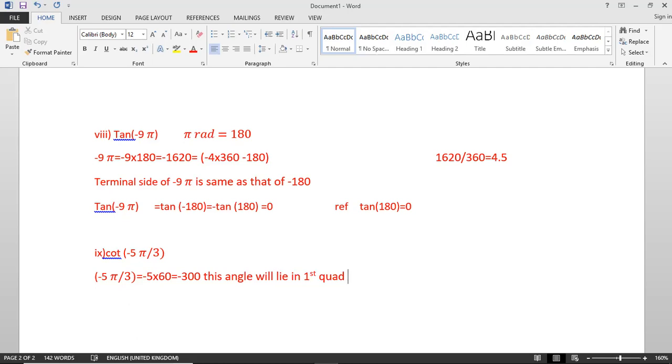So how will we adjust it? We will write here that the terminal side of minus 300 will be the same as that of 60 degrees. You can see right above.